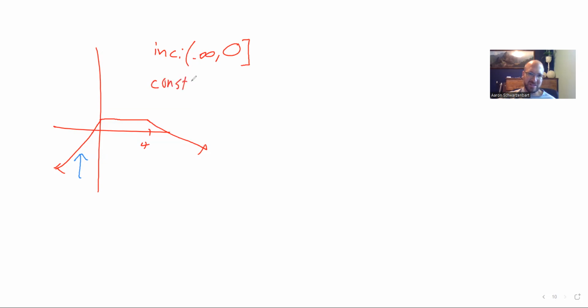I then go constant from 0 to 4. Yes, I'm including 0 in both of these because it doesn't change. It's increasing all the way to 0. It starts being constant at 0. And then it starts decreasing.